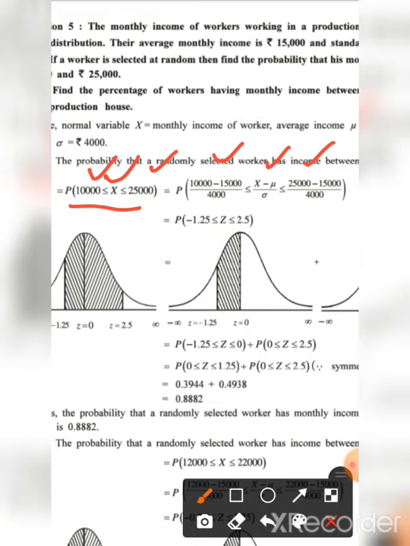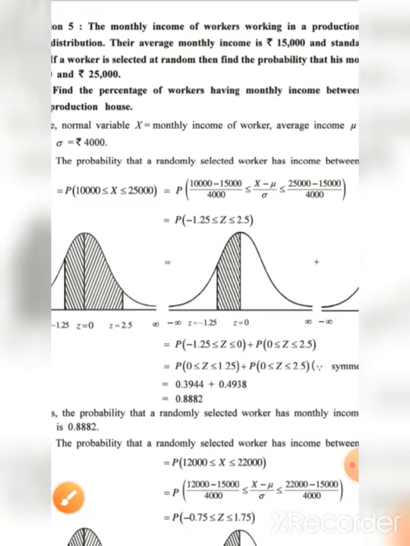Then solve all this, right? Solving all this you will get minus 1.25 less than or equal to z less than or equal to 2.5. Now the area between minus 1.25 and 2.5 we need to find out, or you can say we need to find out the probability for the same, right?